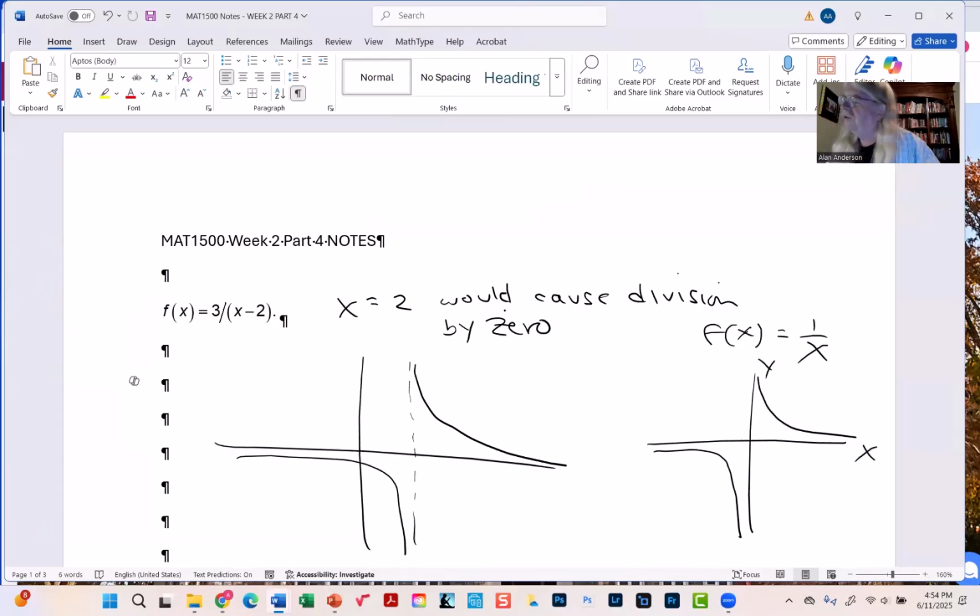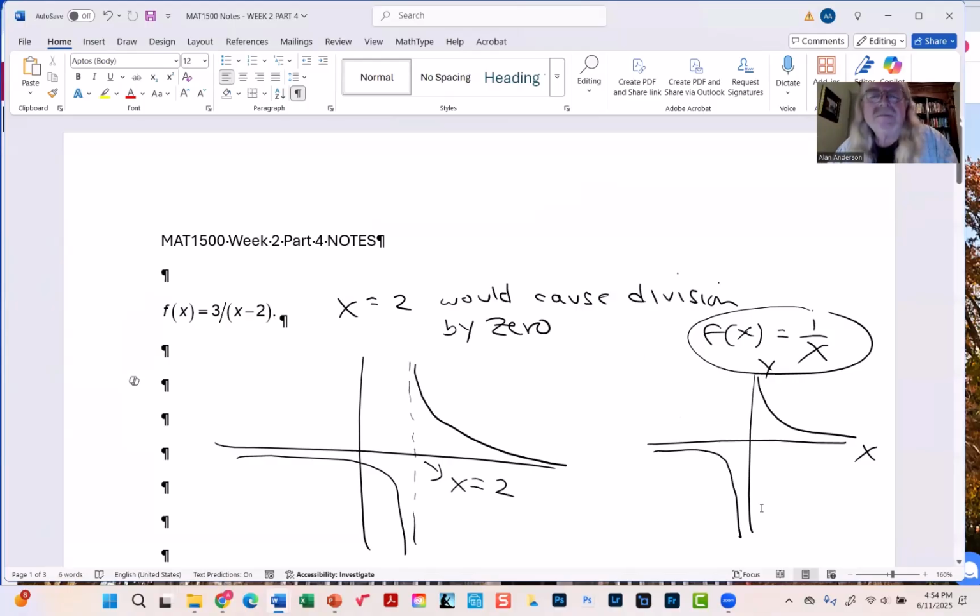Just as a point of comparison, you can see that in this function, which we've run into before, there is also a vertical asymptote. In that case, it happens to be the y-axis because that's where x equals 0. For the new one we're looking at here, 3 over x minus 2, the vertical asymptote occurs at x equals 2 because that is where we would end up with division by 0.